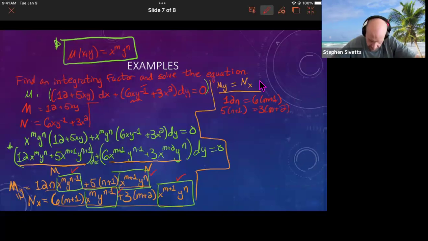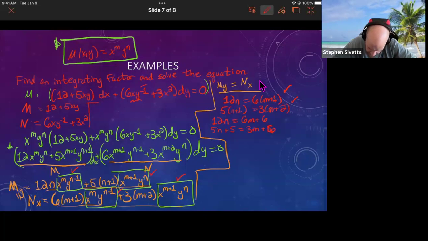So all we have to do is solve for n and then m. We'll have 12n equals 6n plus 6, and then 5n plus 5 equals 3m plus 6.